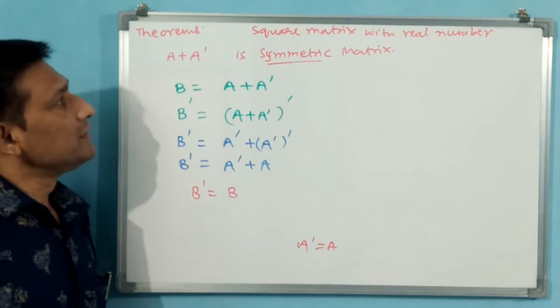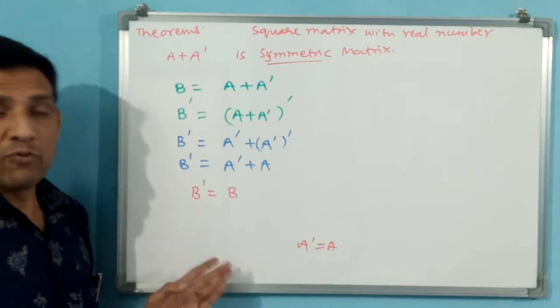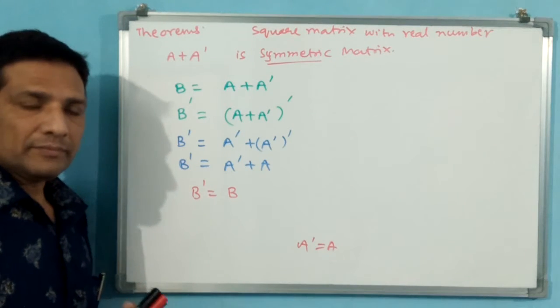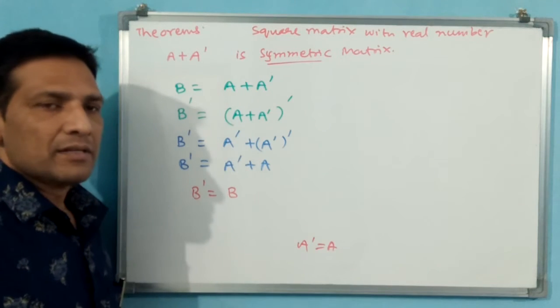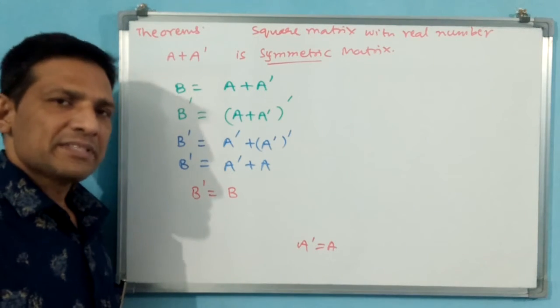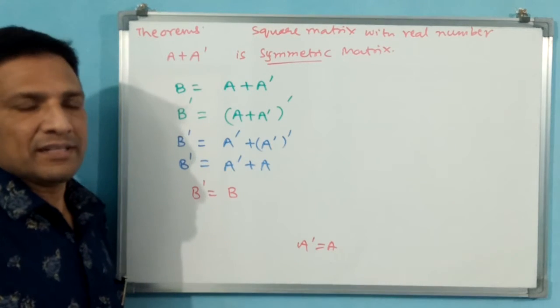Now this theorem has been proved. You understand? That means A plus A dash, or B plus B dash, is going to give a symmetric matrix.